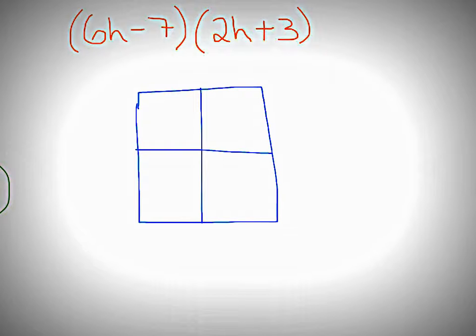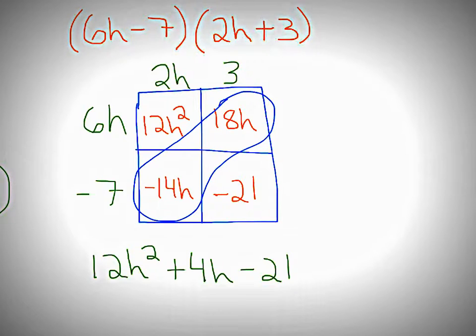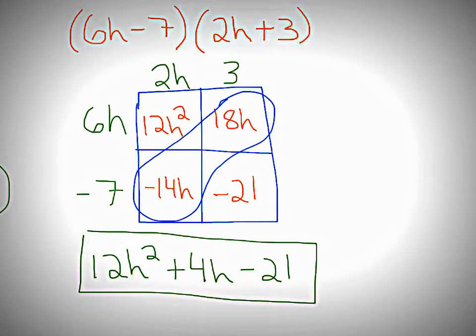And let's write 6h, and then since it's minus 7, let's make sure we write a negative 7, and then 2h plus 3. So I want you to pause the video and try this on your own, and then check your answer. So after you fill in the box, and then combine the like terms on the diagonal, you should have gotten that the answer is 12h squared plus 4h minus 21.